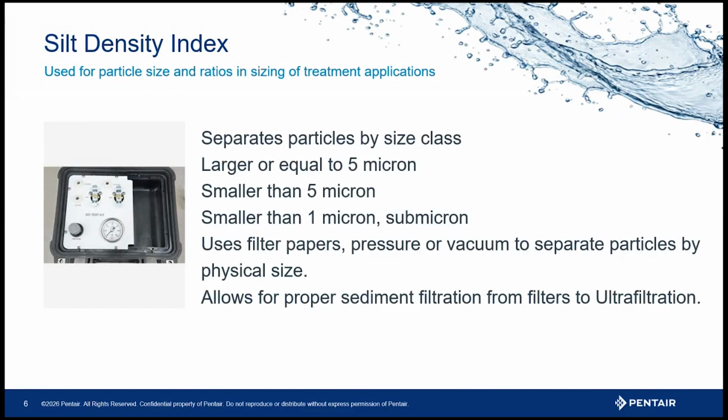You separate it out, collect your next sample below that because you filtered it out over one paper, and then you filter it out over a 1 micron paper, and anything left floating is colloidal. So you can see where the distribution of your various products are, so you know what to target with your treatment. It's always a wonderful thing when it all filters out at 1 micron and above, because once you get below that, we're really looking at different methods, and one of those is ultrafiltration.